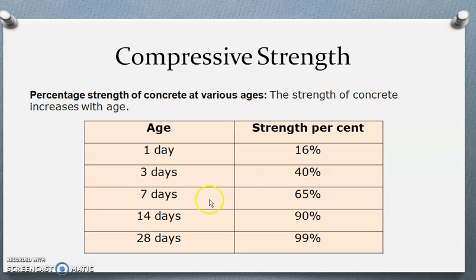Then at the 7th day the concrete will attain 65% of strength, at the 14th day 90% of the strength, and at 28 days 99% of its strength. So only after 28 days will we remove our formwork.